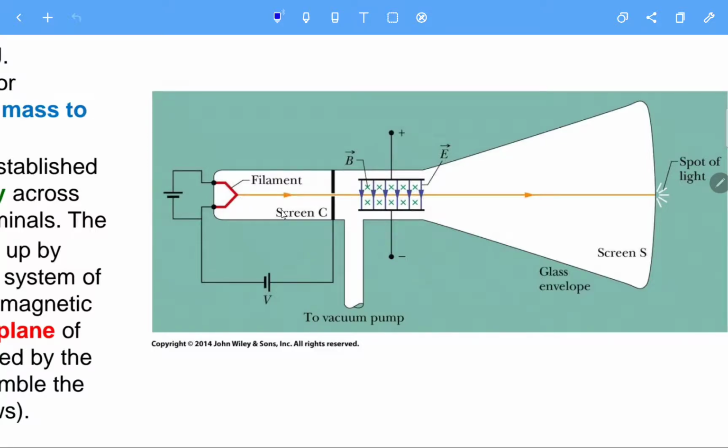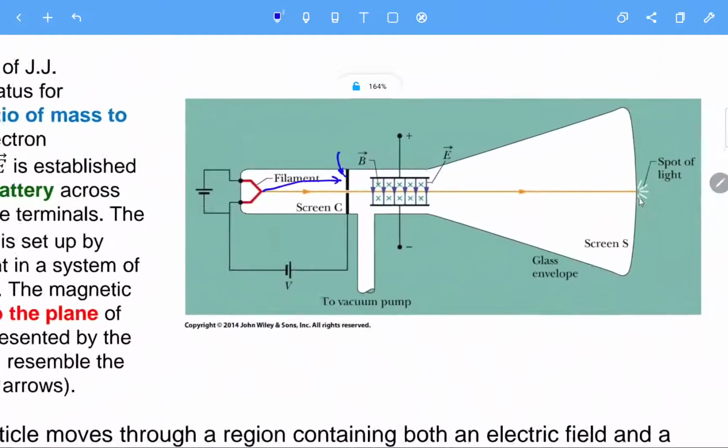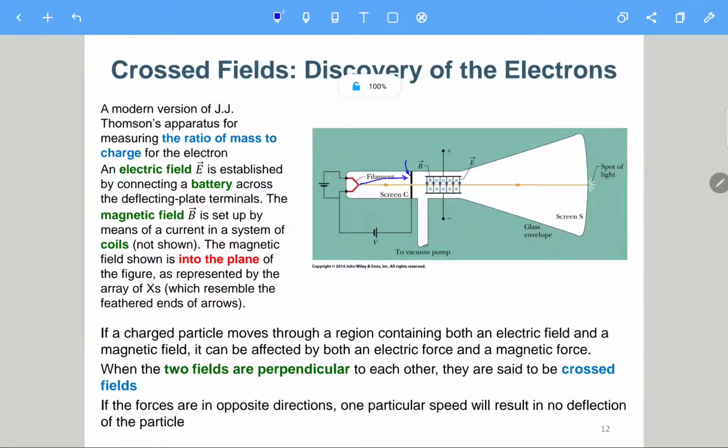If it is not horizontal, it will be blocked here. So as long as it is moving horizontally, it can go through this hole and then shoot to here. Okay, so this is the fundamental setting. This is called the vacuum pump.